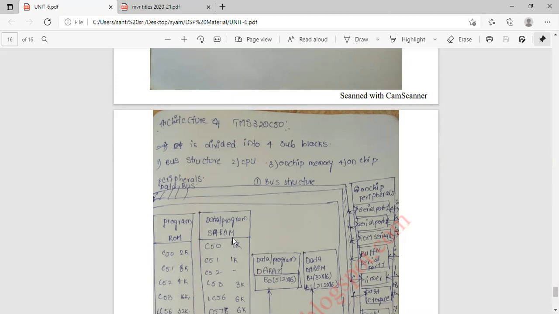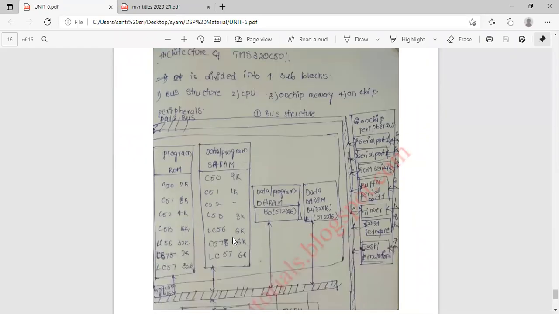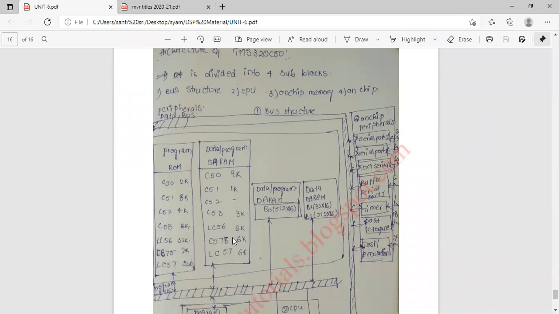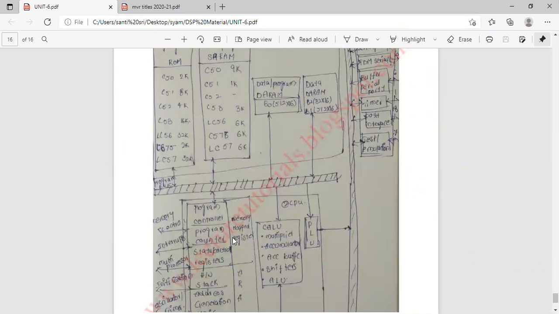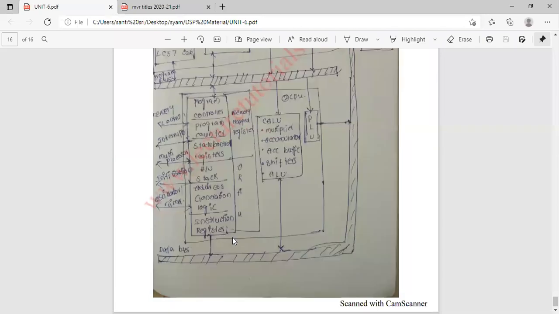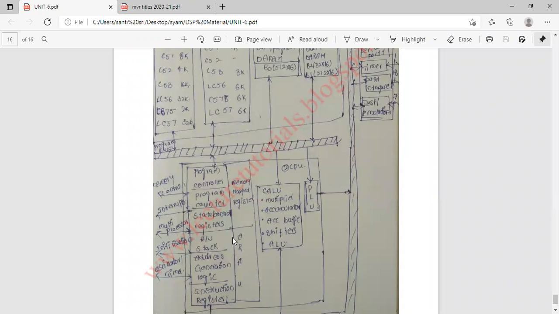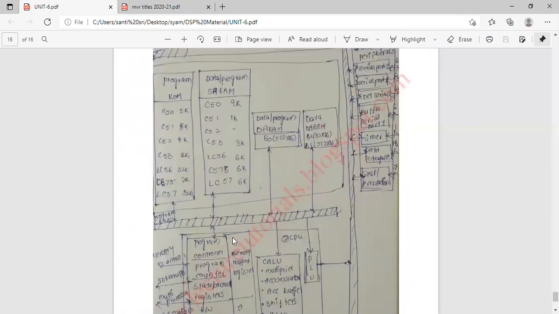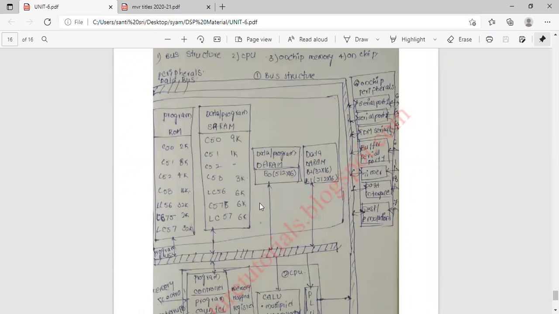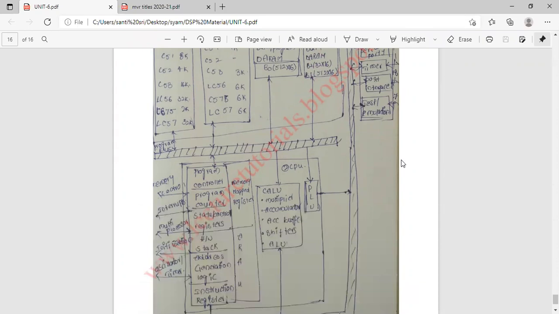Mainly it consists of four blocks. The first one is the bus structure, the second is the central processing unit, the third is on-chip memory, and the fourth is on-chip peripherals. First one is bus structure, next one is CPU, next on-chip peripherals is this one, and on-chip memory is this one.